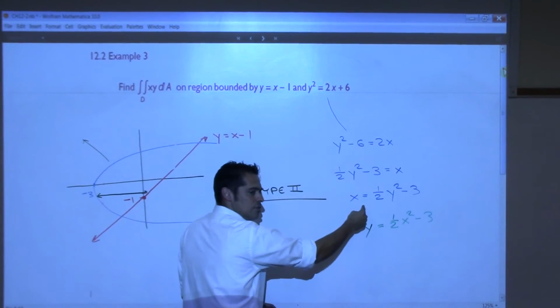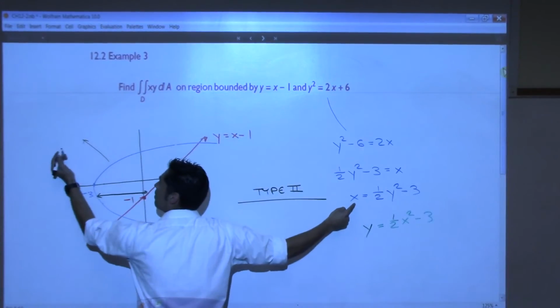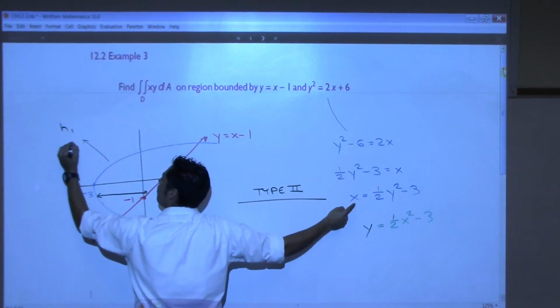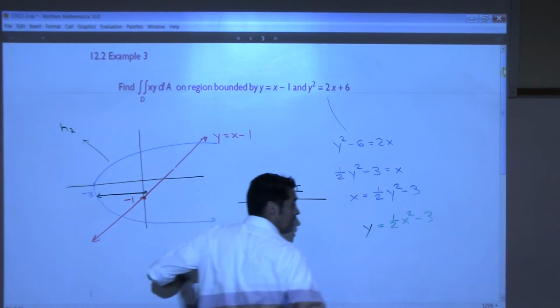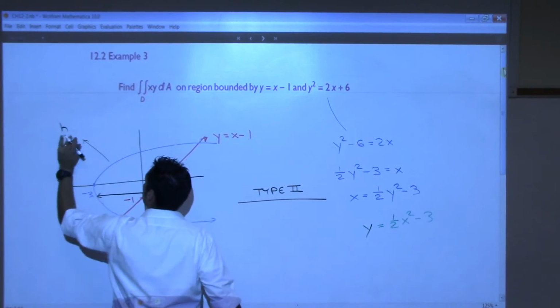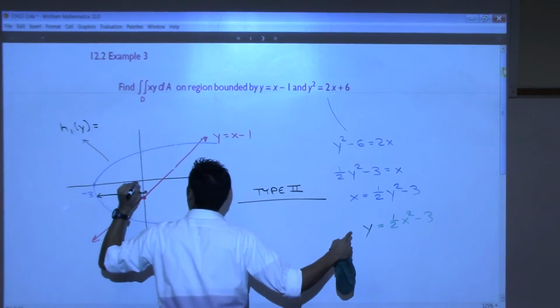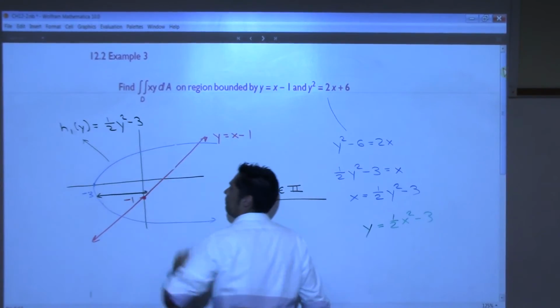That creates the function of y right there. This left side gets replaced with, what letter are we using? H. H sub what? 1 or 2? 1. The one on the left is 1, right? Okay. So h sub 1 of y is what? 1/2 y squared minus 3. Yeah?